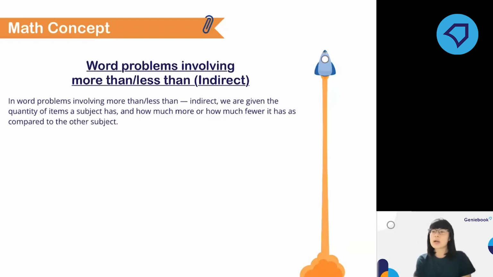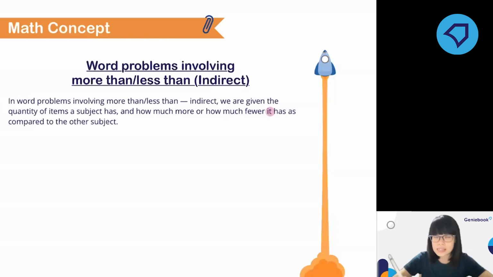All right. So now what's the difference between direct and indirect then? In word problems involving more than and less than indirect, we are given the quantity of items a subject has and how much more or less it has compared to another subject. Okay, so the keyword here is it. What does it refer to? It's not the other subject, it's the same subject that we are referring to.